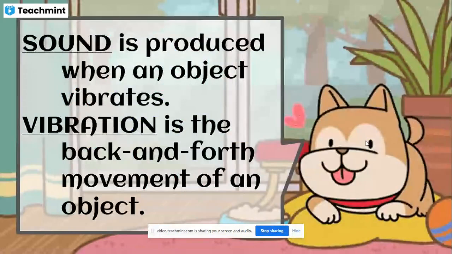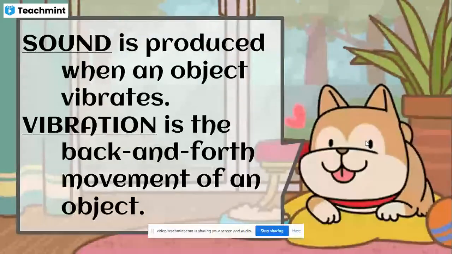Sound is produced when an object vibrates. Vibration is the back and forth movement of an object. Okay, very good. So when we say sound, sound is produced when an object vibrates. Kapag gumalaw yung object, may sound. Vibration is the back and forth movement of an object.